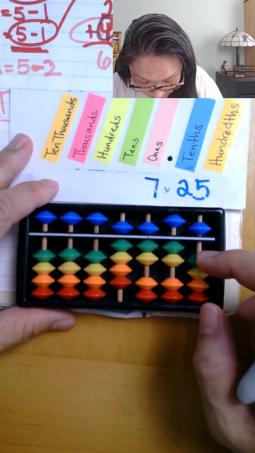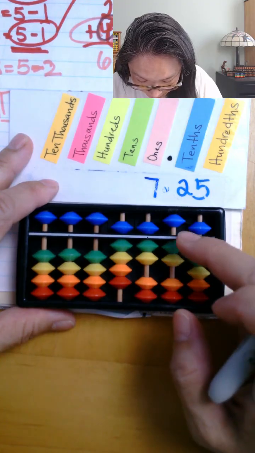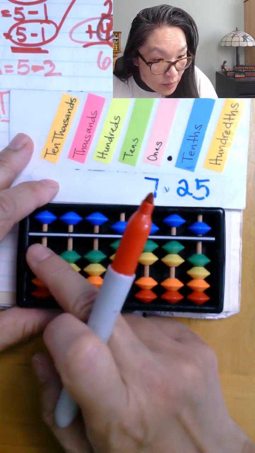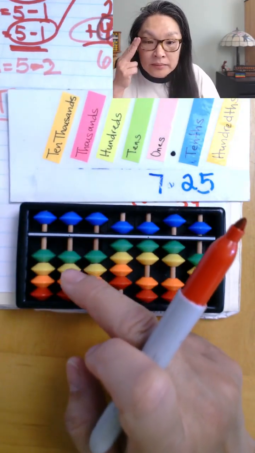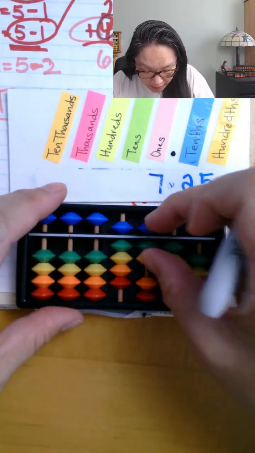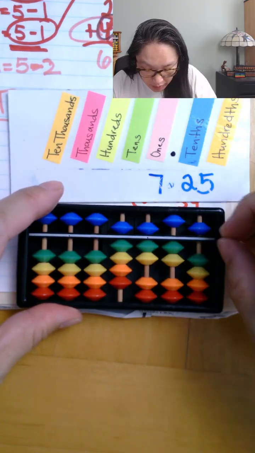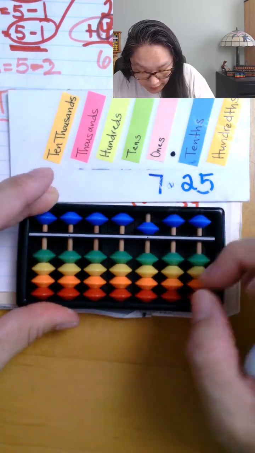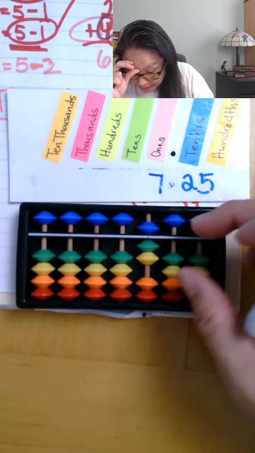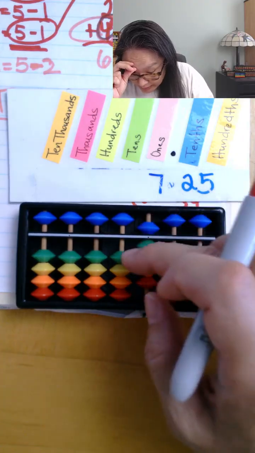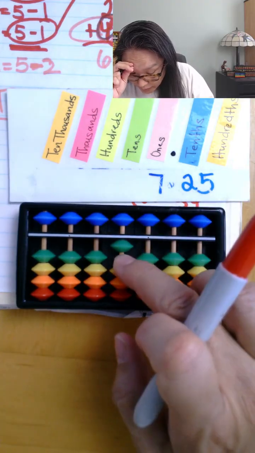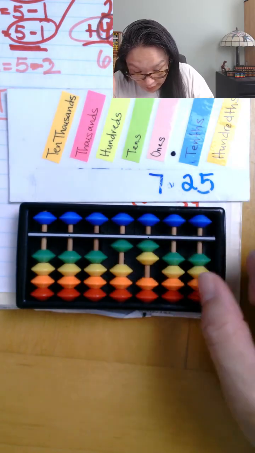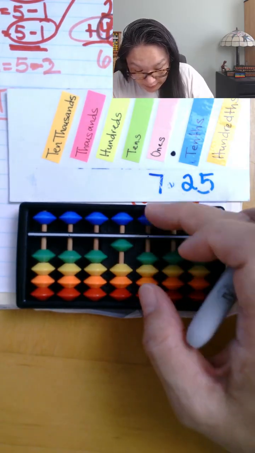These are not counted because they're not touching the horizontal bar. These are also not counted because they're not touching the horizontal bar. These are counted because they're touching the horizontal bar. So when we count 1, 2, 3, 4, and then 5, 6, 7, 8, 9, and then 10. 1, 0, 11, 12, 13, 14, and then 15.